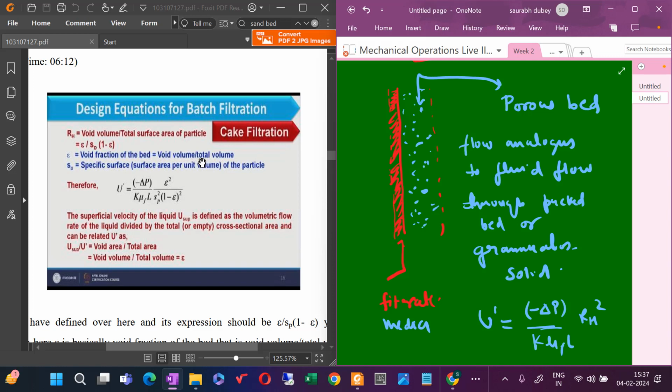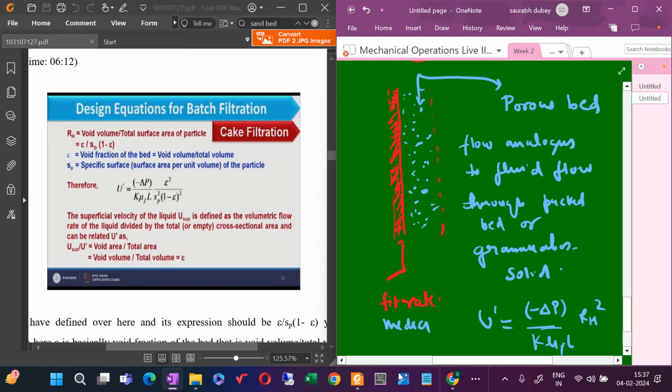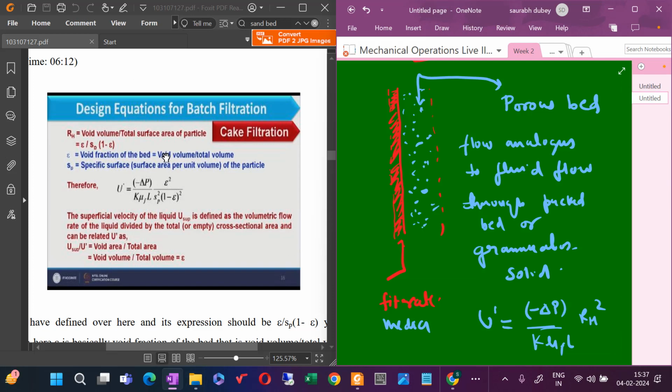So RH is the void volume to the total surface area of the particle, which can be calculated as epsilon divided by SD into 1 minus S, where SD is the specific surface or surface area per unit volume of the particle through which the bed has been constructed, and the volume fraction of the bed is epsilon, which is calculated by void volume to the total volume. So when you put the value of the RH over there, you will be getting this.